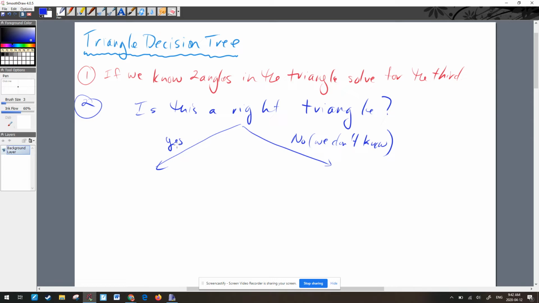So here we go. If it is yes, what tools do we have at our disposal? Well, if it's a yes, we know that Pythagorean theorem is available, and we would use Pythagorean theorem if we know two sides and want a third side.